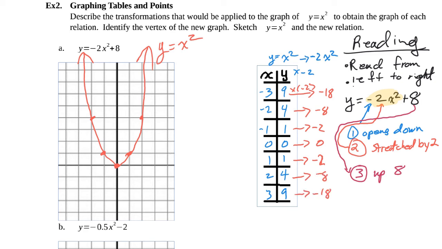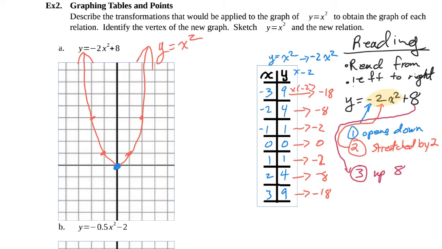So all we have to do now is draw the graph with x equals negative 3 and then negative 18, negative 2 and negative 8, and so on. There's not enough space on our graph, so we can only draw a couple of points. I'm going to draw these in blue to start. We've got this point, 0, 0.